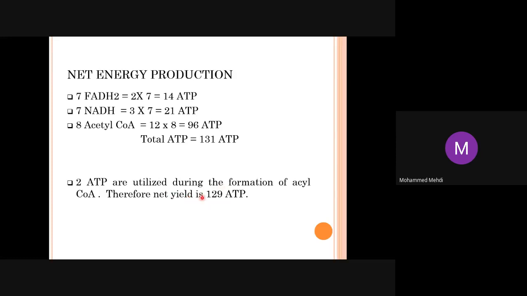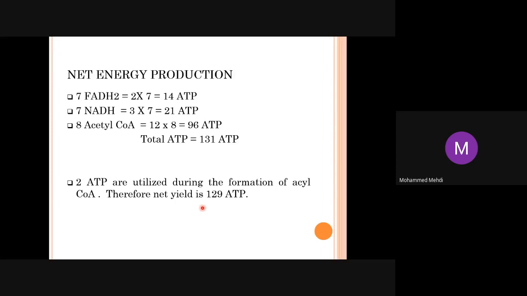This is very excessive, it is too much compared to glucose oxidation. If one glucose molecule is completely oxidized, we'll have 38 ATP formation.